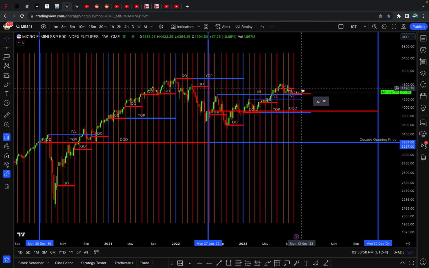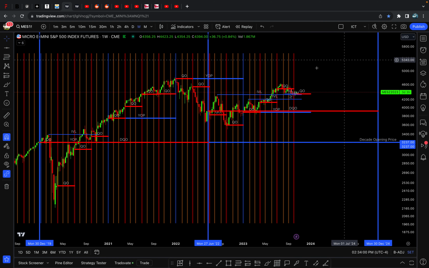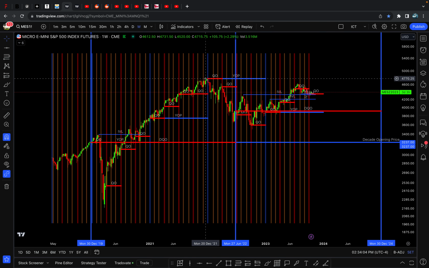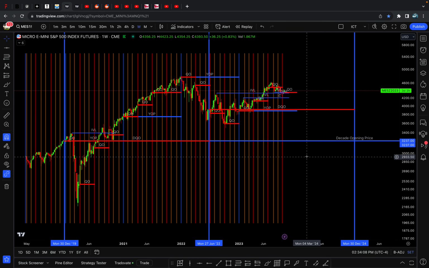I project that we're going to keep going up and make a new all-time high. We're going to blow this high out before the end of the next quarter, which will be December 30th, 2024.